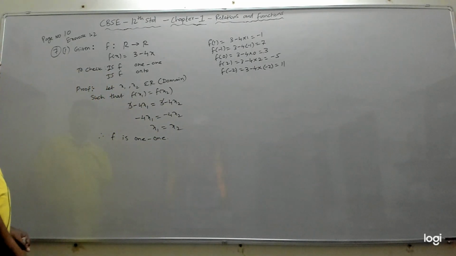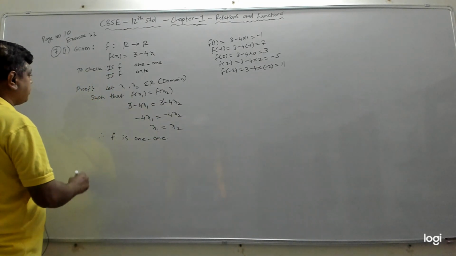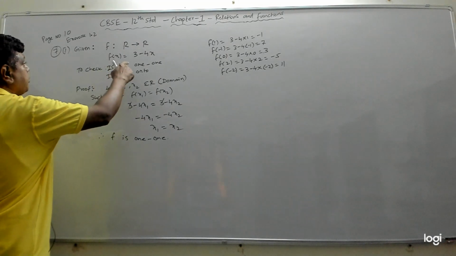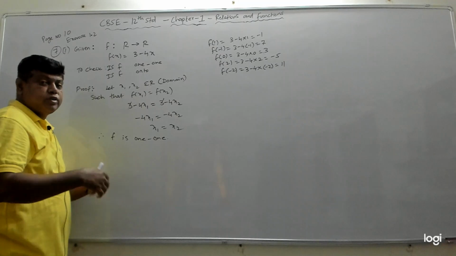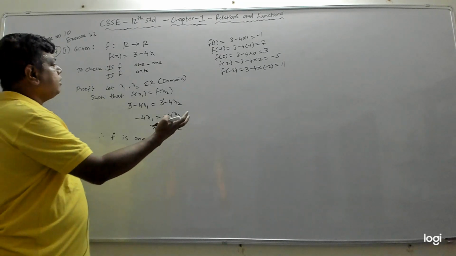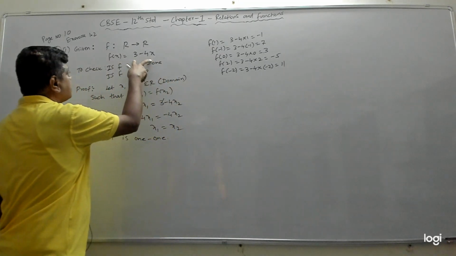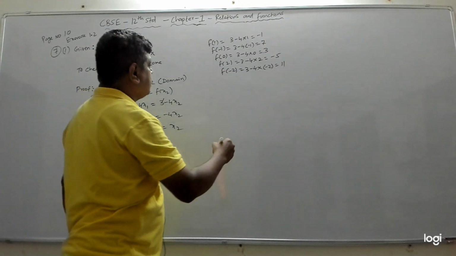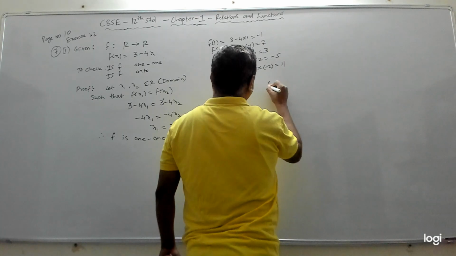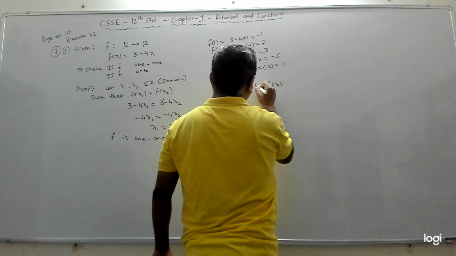Now to prove onto, the second part. We are not going to prove that it's onto, we are going to check whether it is onto. To check for onto, we'll first write y equal to f of x.